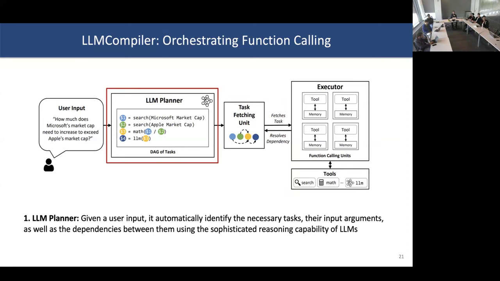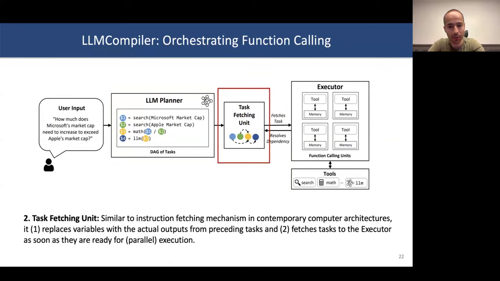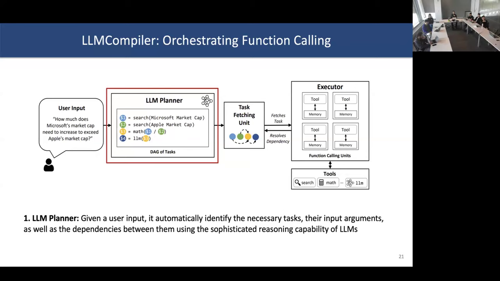I'm interested in how the granularity is decided. Was your question related to the second part? For the LLM planner part, how are we going to translate the user input into this kind of function call instruction? Yeah, great question.